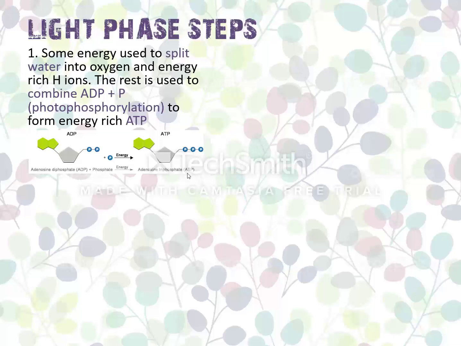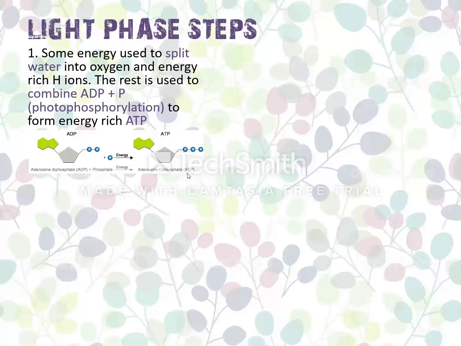You don't need to be able to write the full names. ATP carries energy. When an ATP is made, that is called phosphorylation. If it is made in the presence of light, it is called photophosphorylation. Okay, so just to go over the steps quickly. Chlorophyll will trap radiant energy.